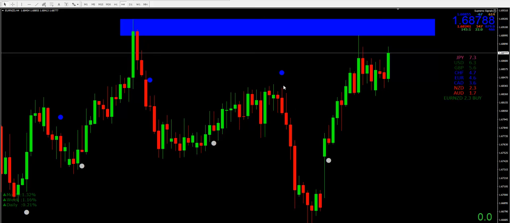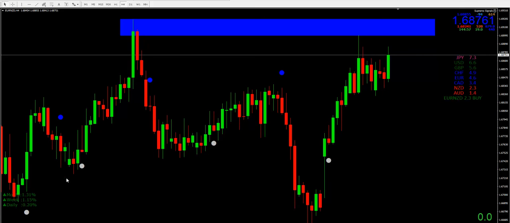The white and the blue balls, which have been painted, that's a custom made indicator, my own custom made indicator for MT4. When it comes to various trading platforms like TradingView and MT4, we do have indicators, but these are the ones that I have made for myself and my students, as it were.